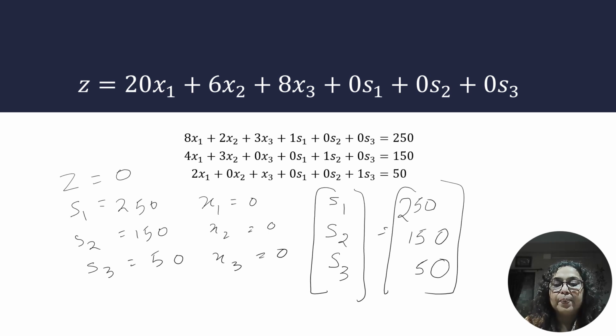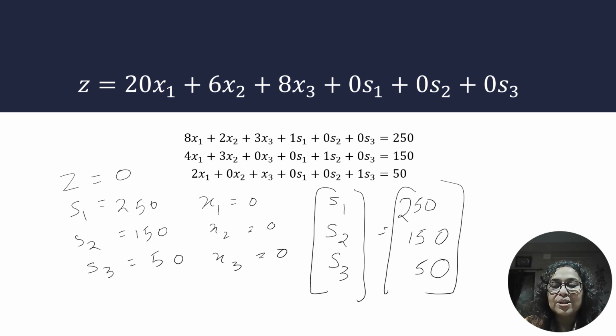And if you've seen the previous video on solution by the graphical method, we saw that the solution is one of the extreme points, and one extreme point is the origin, where the decision variables are zero. So this is actually a basic feasible solution, which is an extreme point.